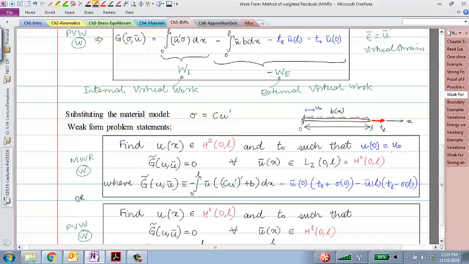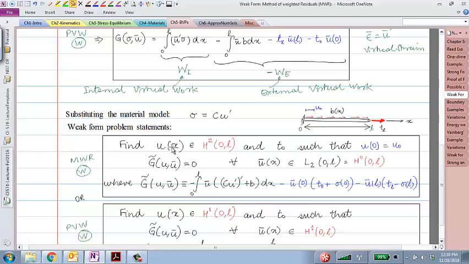So this is a very important part of the weak form problem statement, that whatever function for real displacement I choose, its value at 0 has to be equal to the given displacement at x equal to 0.